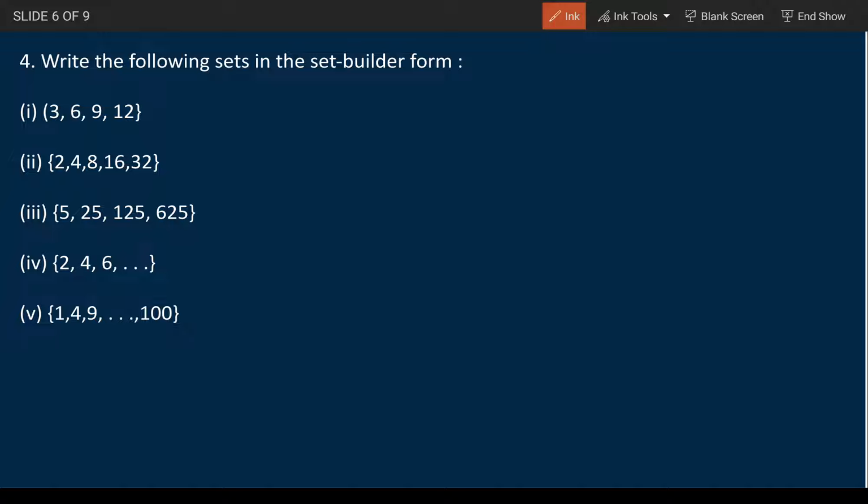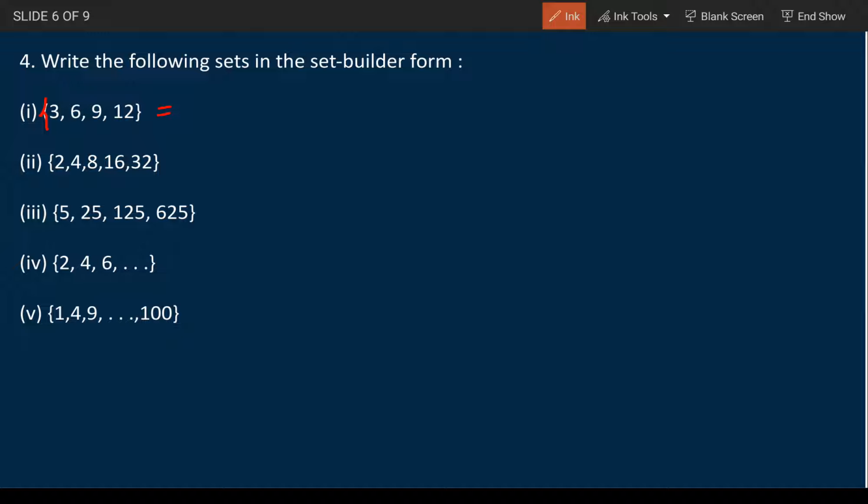We have a fourth question. Write the following set in set builder form. We have a question in roster form, and we have to convert it into set builder form. Here we have the set 3, 6, 9 and 12. All these numbers are multiples of 3.